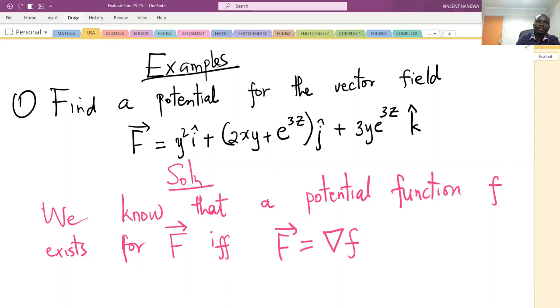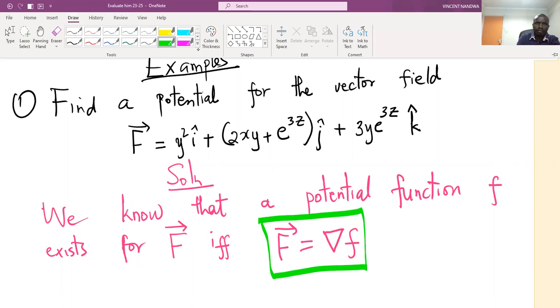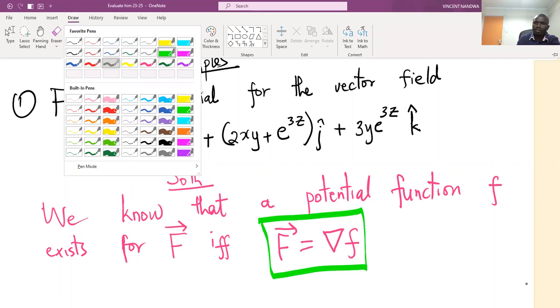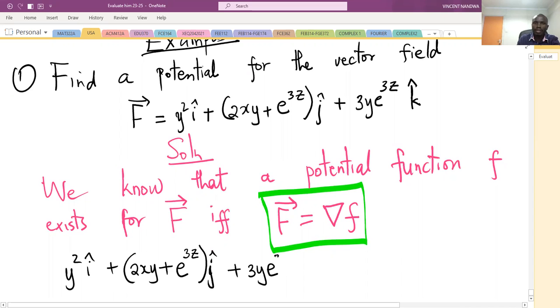So this is the main definition. So what we are going to do is write the gradient of this potential function and then equate it to the vector given by F. So y squared i plus (2xy plus e raised power 3z) j plus 3y e raised power 3z k should give us the gradient of this one.